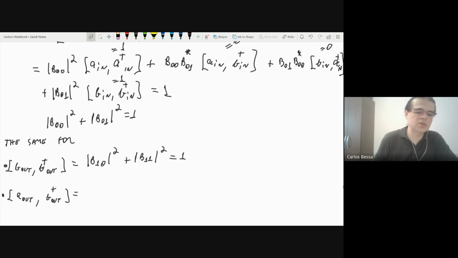Remember, this is 0 initially, okay? And when we develop this, like we did in the first case, we would find that B00, B10 conjugate plus B01, B11 conjugate is equal to 0. These are 0 because they are independent.